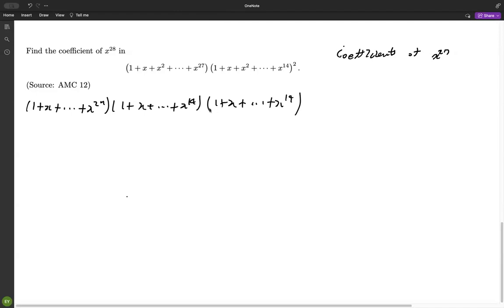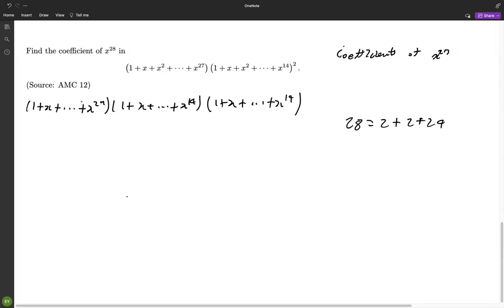Okay, so what I wanted to do here was, what if we split 28? So 28 is equal to 2 plus 2 plus 24. So we have x squared from here, x squared from here, and x to the power of 24 here.